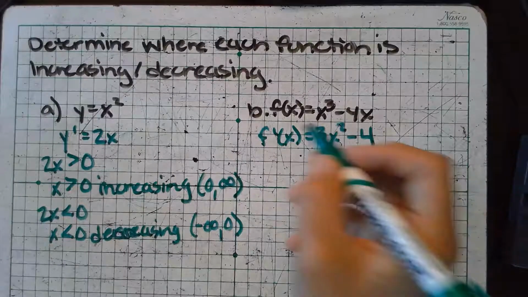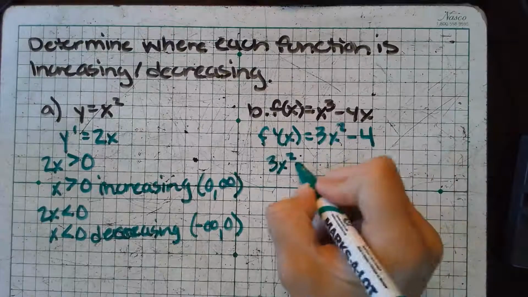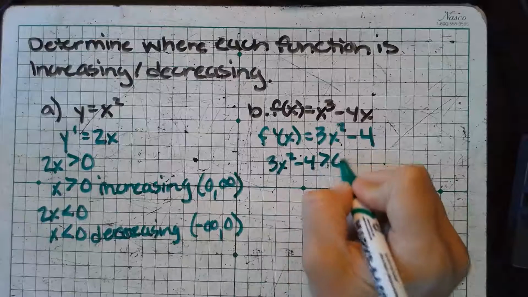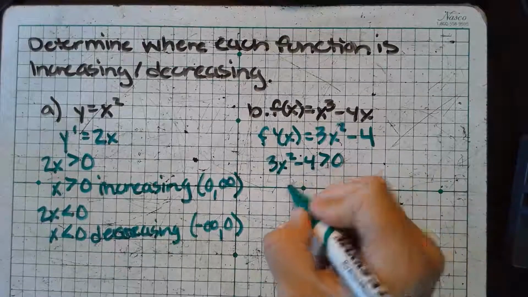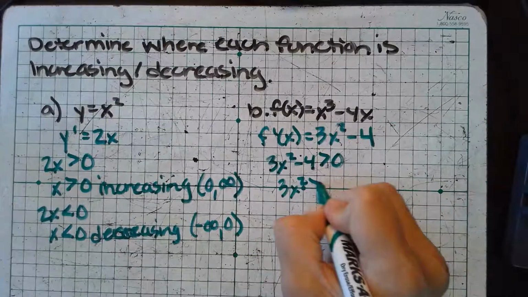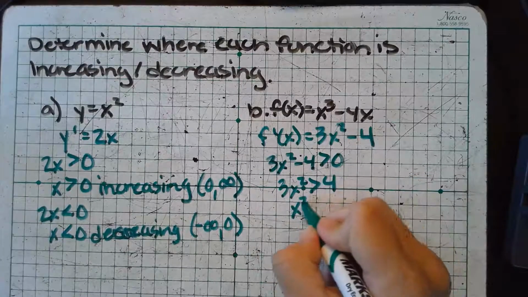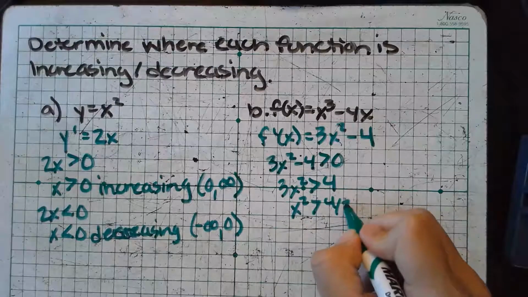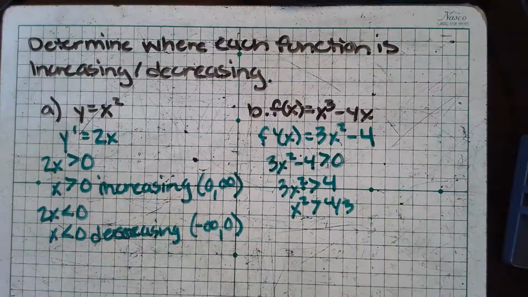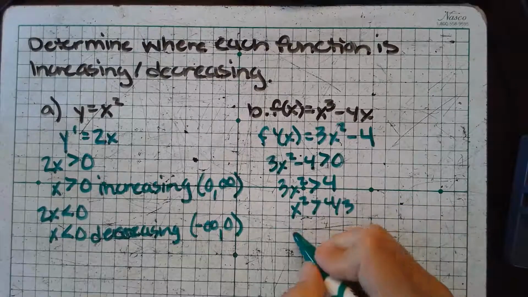So 3x squared minus 4. It's increasing when it's greater than 0. So this is 3x squared greater than 4. So x squared is greater than 4/3, and we take the square root. But we have to be careful when we take the square root.